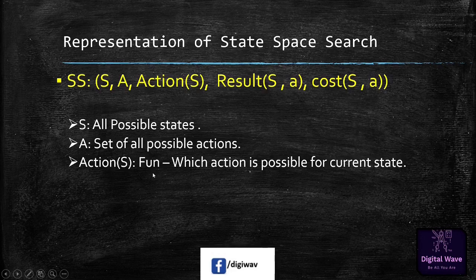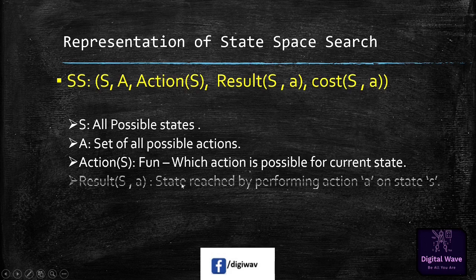After that, Actions(S). This is a function and it indicates all the actions that are possible for the current state. Whatever action you are performing on this S, the current state, this Actions function will denote that particular action. In the current time, whatever action you are performing on this state, it will denote the same.